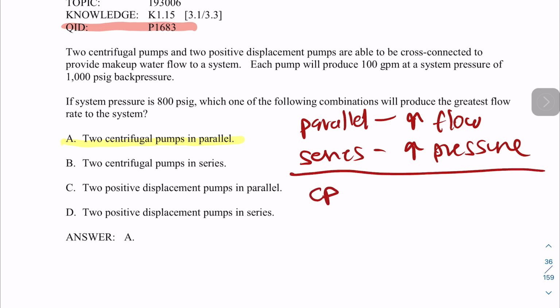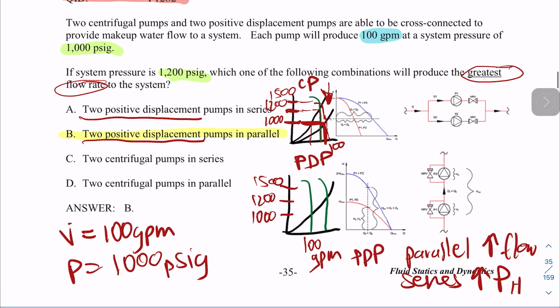So CPs and PDPs, if we compare them, this one is going to give you the greatest flow, but compared to what? Usually it depends on the information that you are given here.